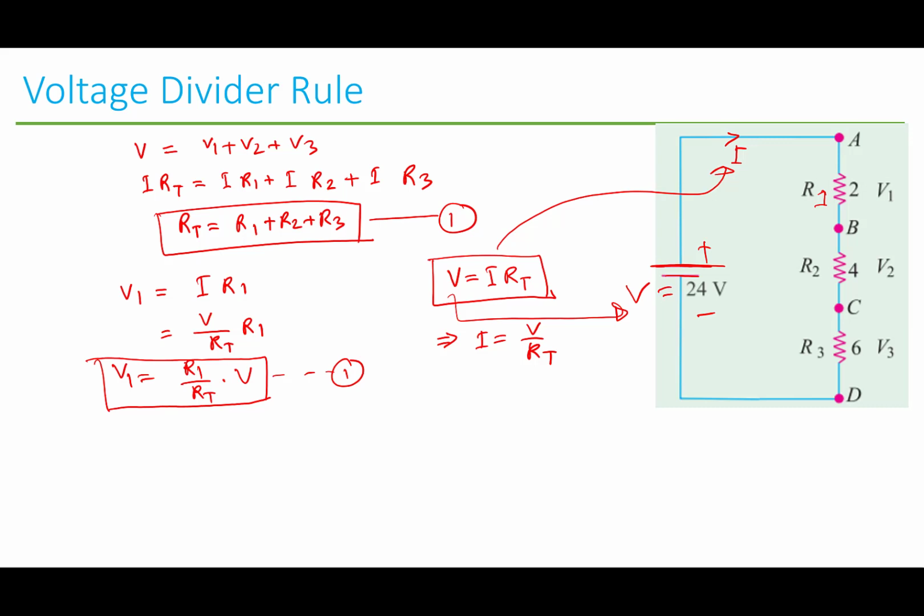In a similar way, you can write V2 equals R2 over RT times V.